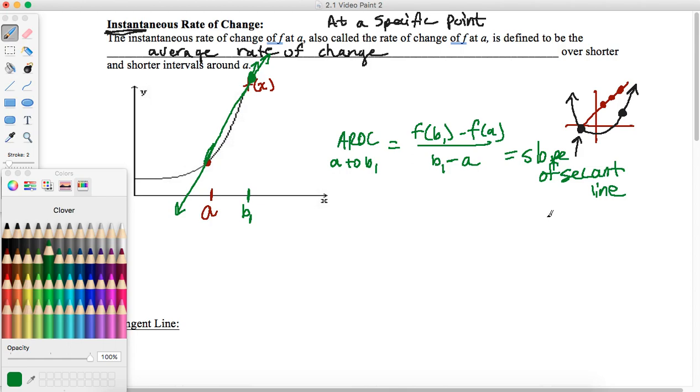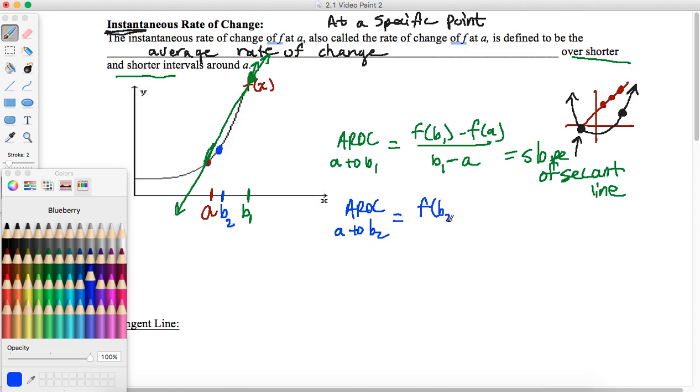So instantaneous rate of change kind of uses average rate of change. But what I mean by this, over shorter and shorter intervals around A, is that if I pick another value of B that's closer to A, let's call it B2 here, I'll go up to my function, I'll find where my function has an x-coordinate of B2 and the corresponding y-coordinate, and I can find my average rate of change from A to B2, right?